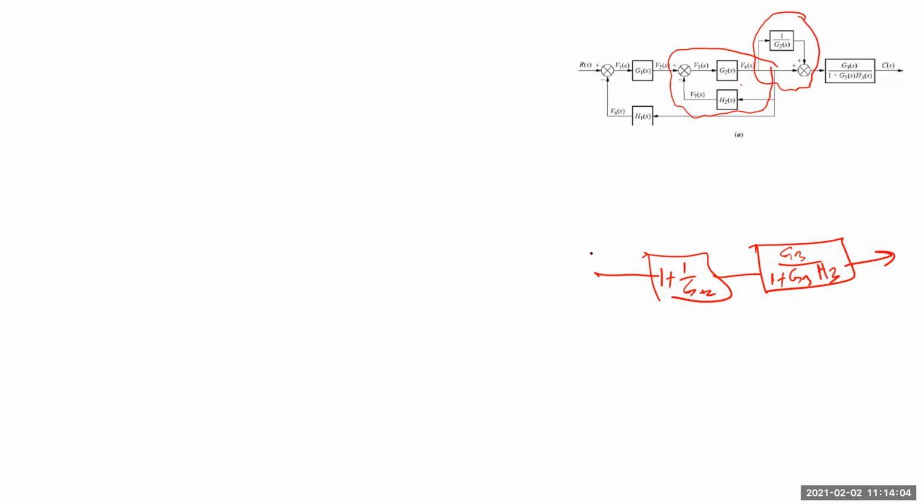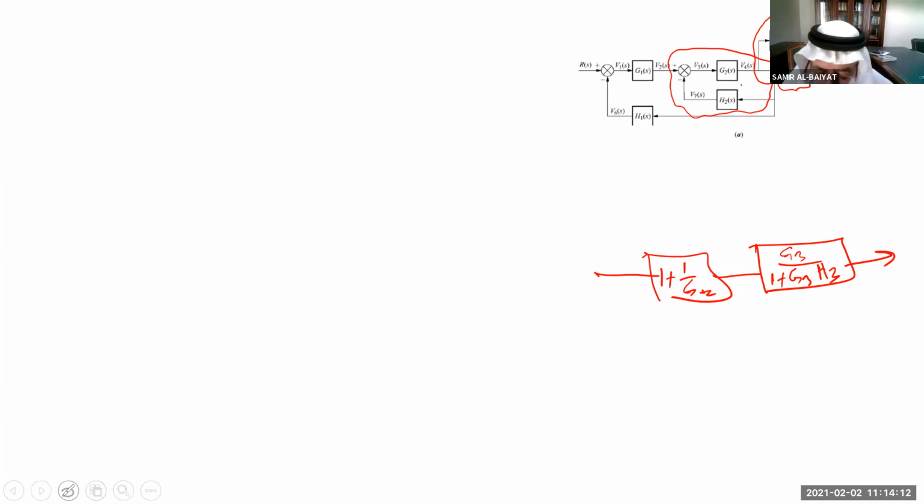Doctor, excuse me, I didn't understand the 1 plus 1 over G2. Okay, let me erase in here. Suppose I need the signal at this point. Call it point W. What is W in terms of V4?